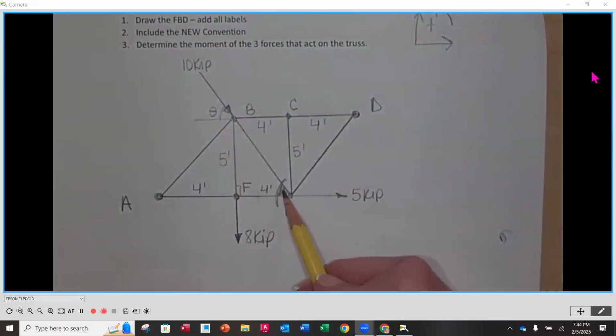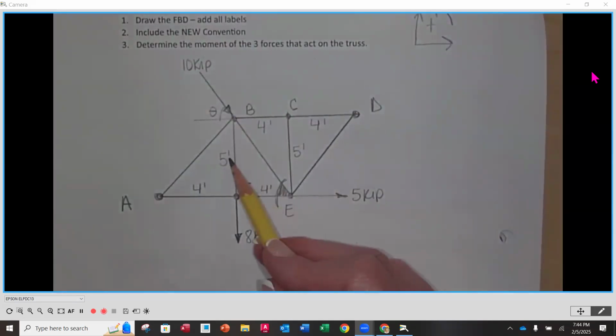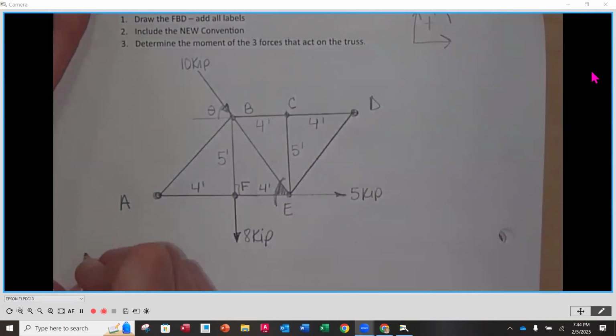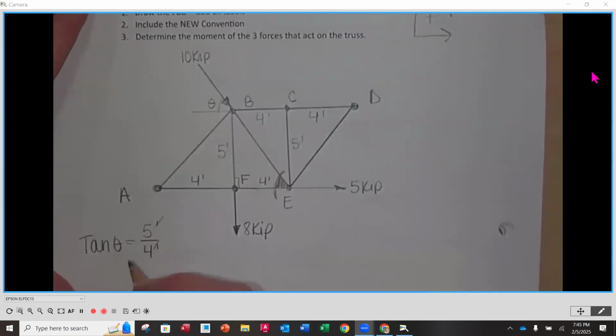So if we look at our triangle here, to find theta, we know the side opposite and the side adjacent. So we can use the tangent function to calculate theta. We're going to say tan of theta is equal to, using the sides of the triangles down in the truss, 5 feet, side opposite, over 4 feet. Feet cancel out, which makes sense.